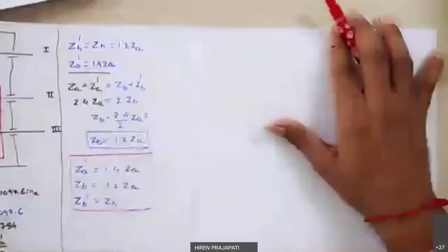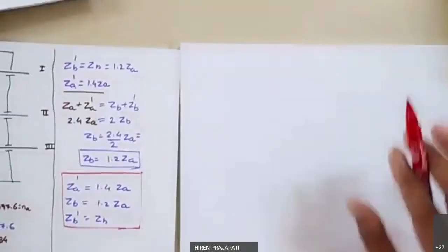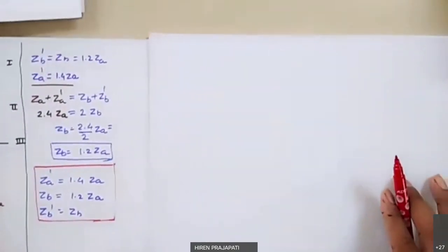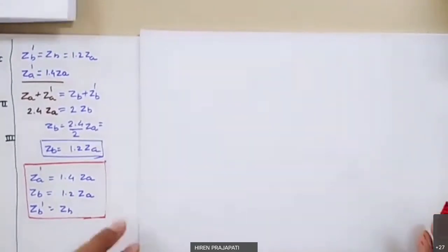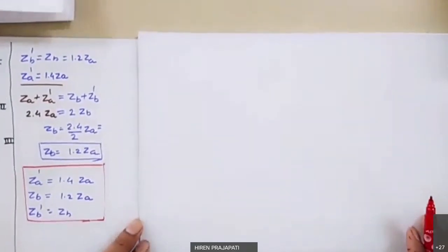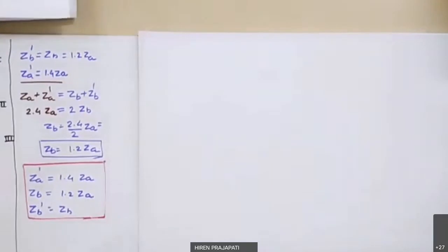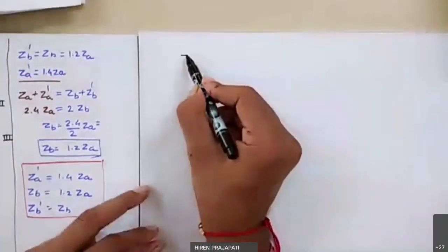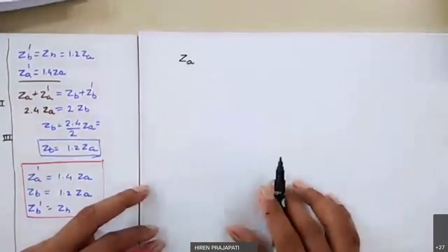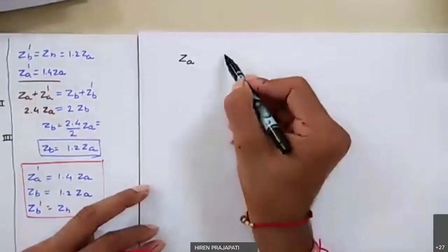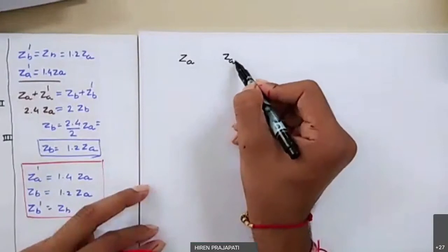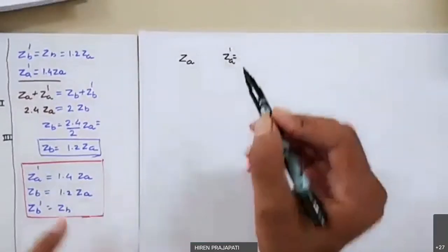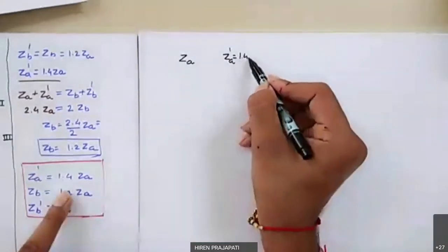Fine. Now I am just preparing one table, and we'll use this list of equations for preparation of the table. So the first column is of ZA, and the second column is of ZA dash, which is nothing but, as per the equation, 1.4 times ZA.